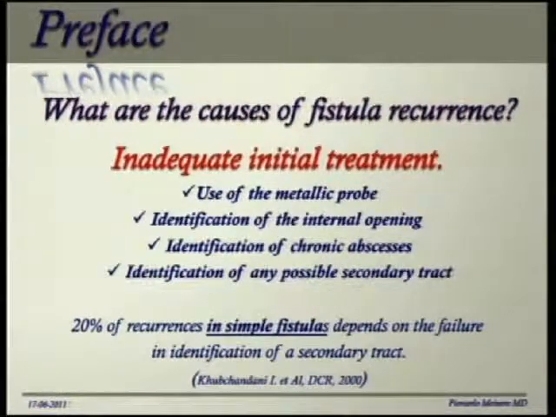What are the causes of the fistula recurrence? We know that the most important point is to correct initial treatment. In other words, the first visit and the first operation. Many others have identified some critical points.